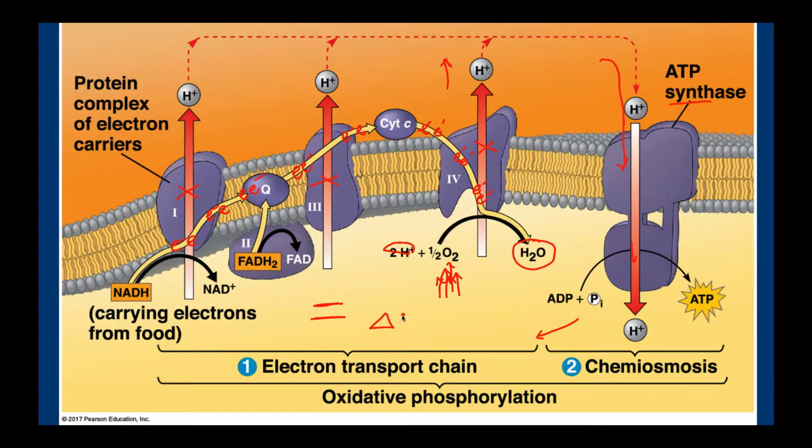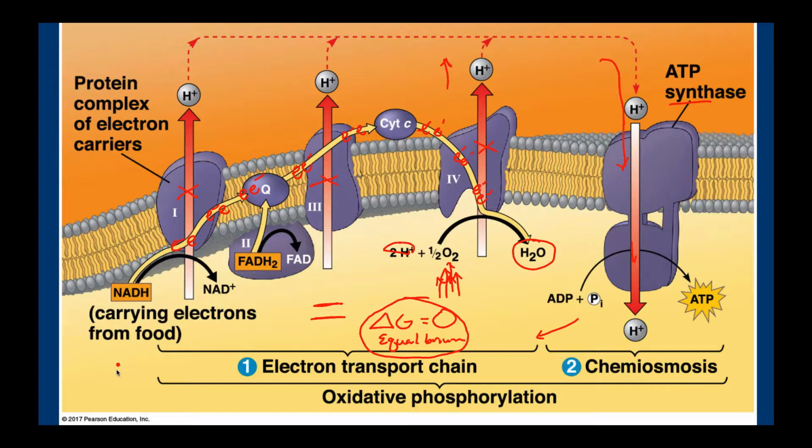That's when our delta G, our free energy situation, equals 0, that's equilibrium. And for life and cells, we want to avoid that at all possibilities. We never want to reach that equilibrium point.